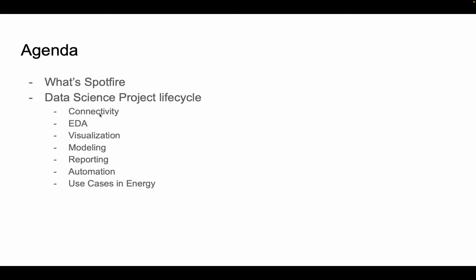Probably jointly, you will be doing some visualization, and then you will move to the modeling step if you're predicting some outputs. After you've done all of that, you want to share what you've reached. So we will get to the reporting.